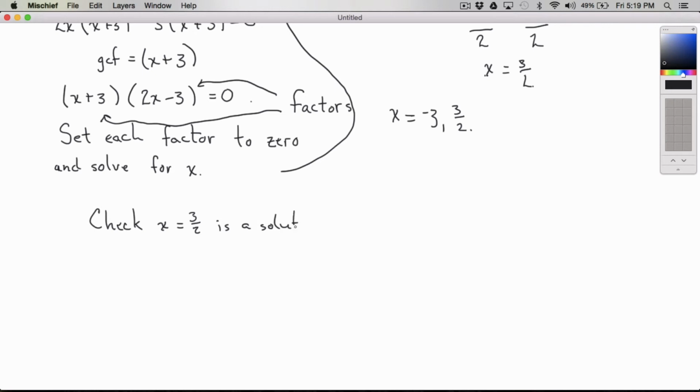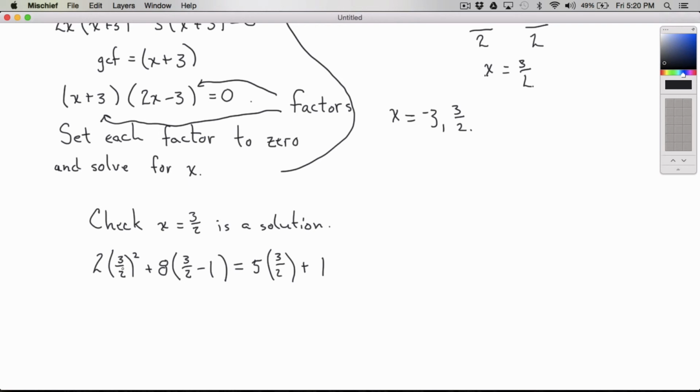Now, if you remember, the problem was 2 times 3 halves squared plus 8 times 3 halves minus 1. We want to see if that's equal to 5 times 3 halves plus 1.